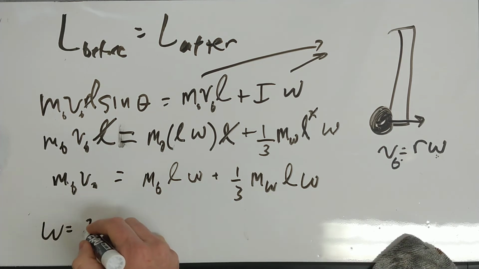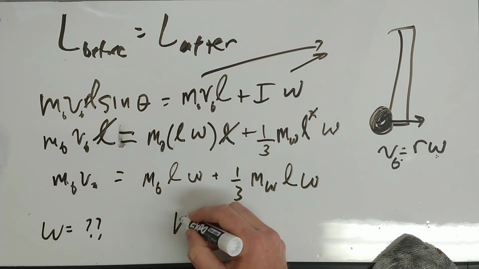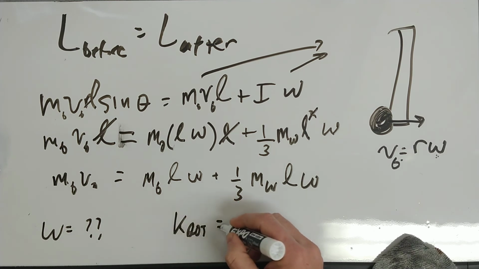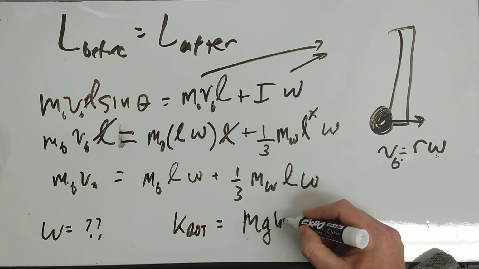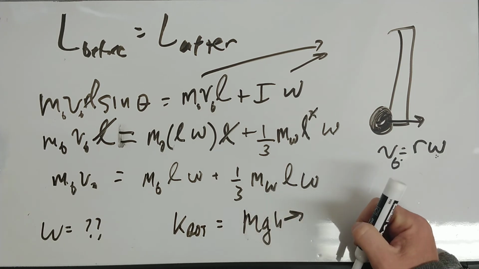You get omega, and then you say K rho equals mgh. But now, all right, you have two things changing height here, which gets a little more tricky as well, right?